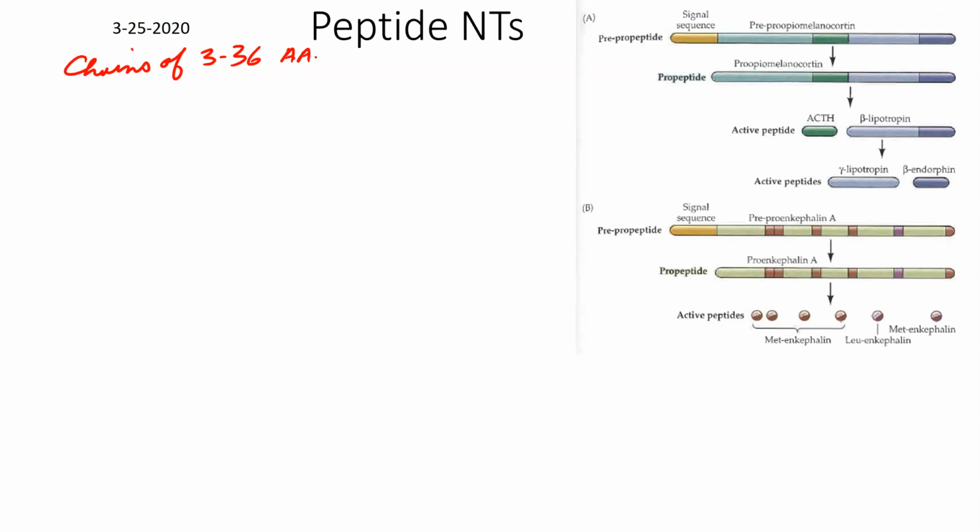In neurons, pre-pro-peptides are synthesized, much like any other protein would be synthesized in a non-neuronal cell. So the synthesis begins as a pre-pro peptide. This is made in rough ER.